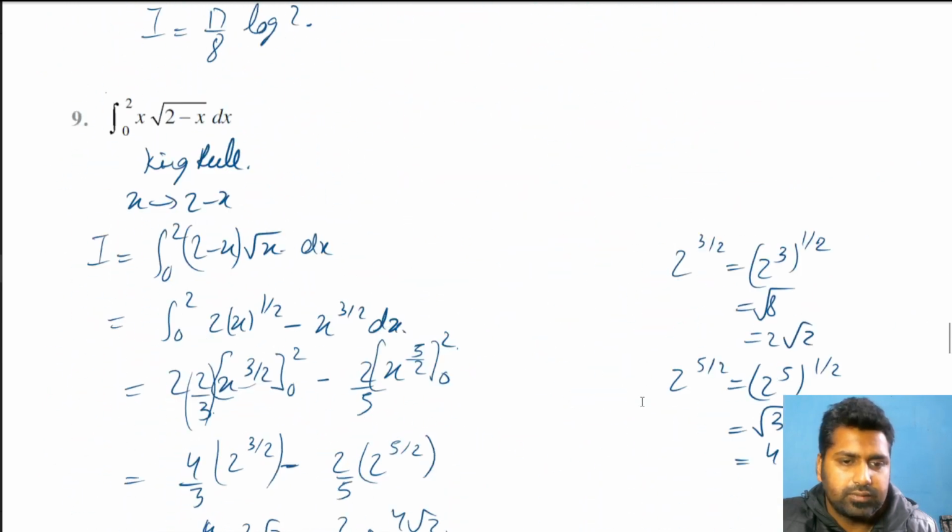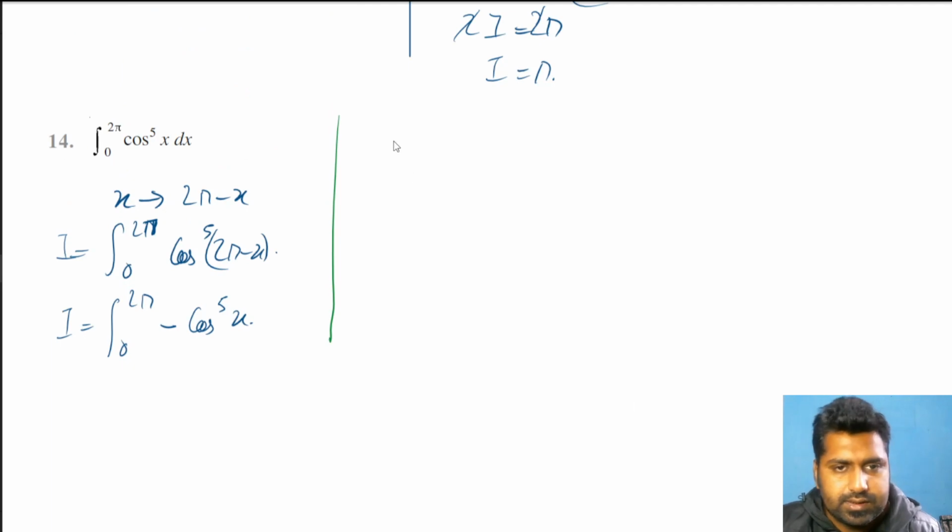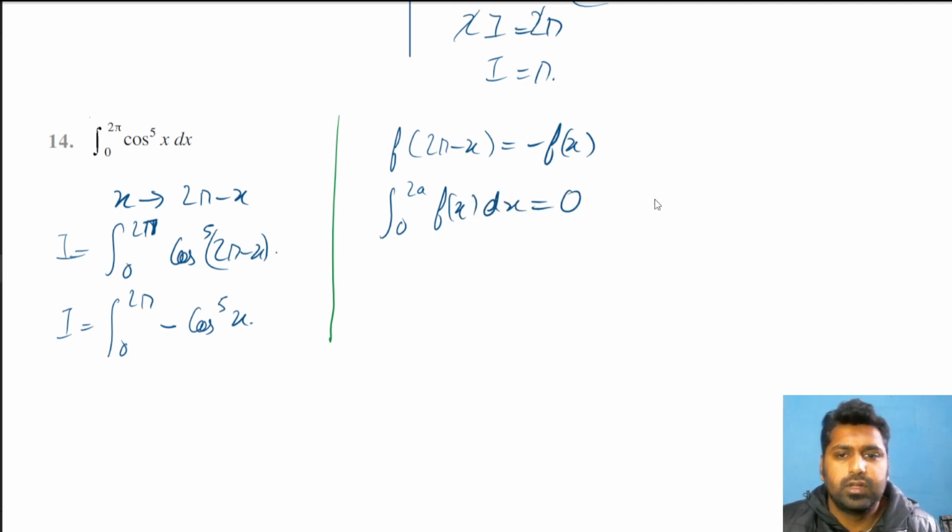So for this question, I'll say since f of 2 pi minus x is minus f of x, so integration 0 to 2a f(x) dx is 0, because f of 2a minus x, or 2 pi minus x as such, is minus f of x.